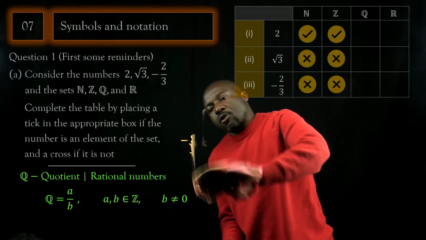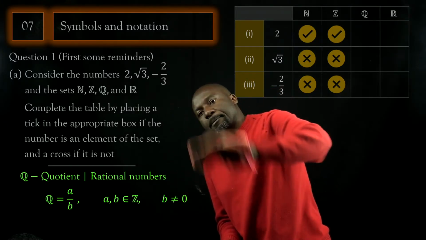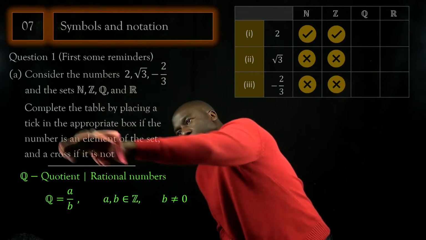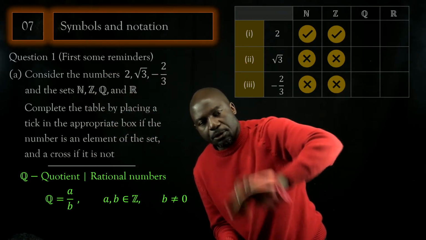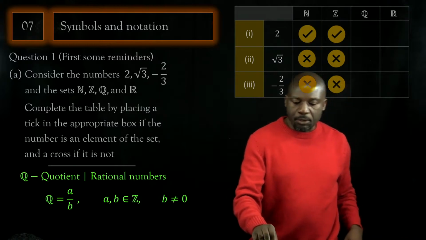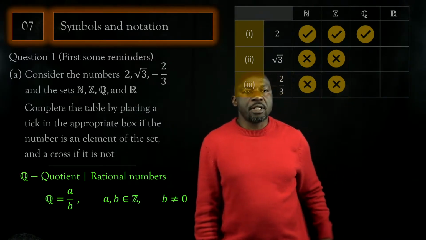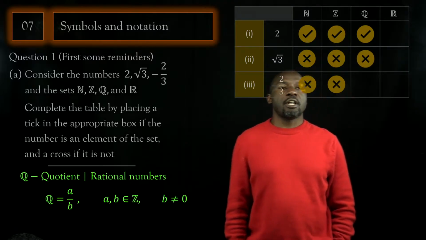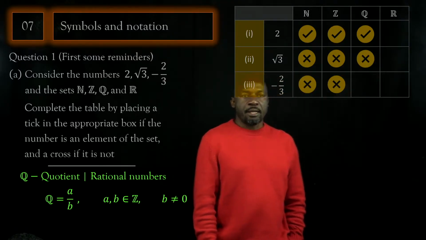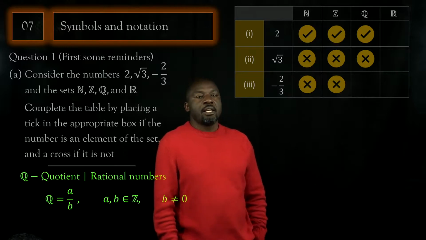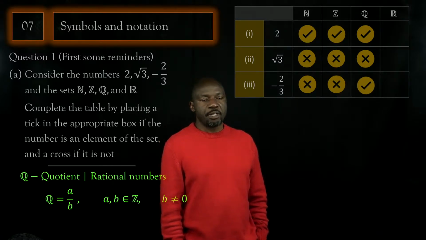Okay, so because of that, we can conclude that 2 is a rational number, root 3 is not a rational number, and minus 2 over 3 there is a rational number.